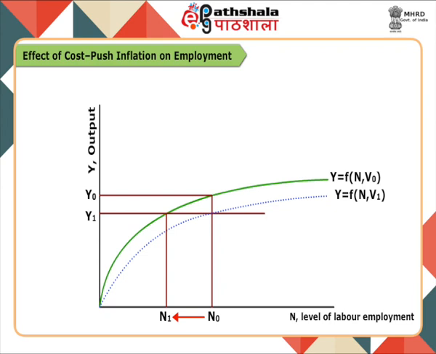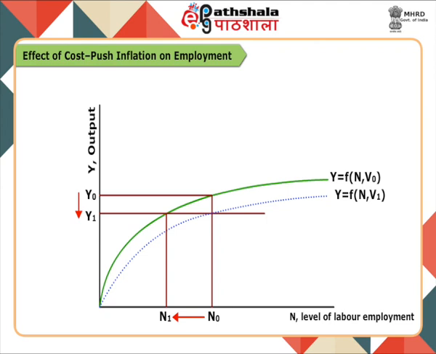Hence, it is seen that although output level is reduced due to cost push inflation from Y0 to Y1, there is no effect on employment level since due to inflation employers substitute other factor inputs with labor and as a consequence there is no reduction in employment. If the substitution of other factor inputs with labor is very large, then employment level may even increase, although there is reduction in level of output due to cost push inflation.